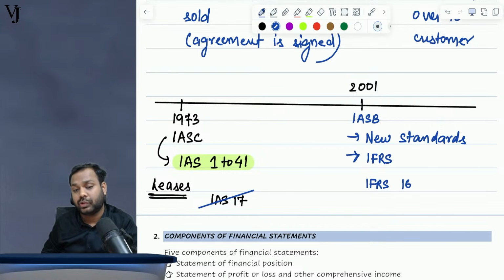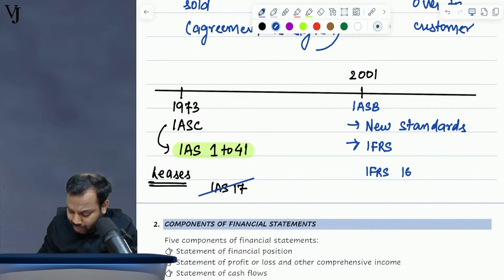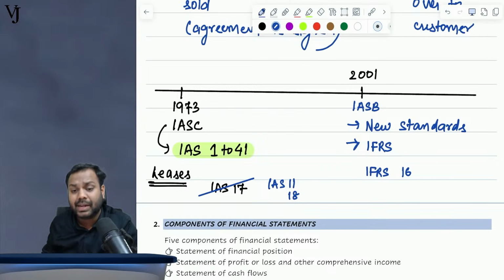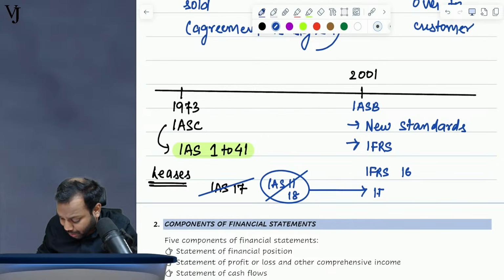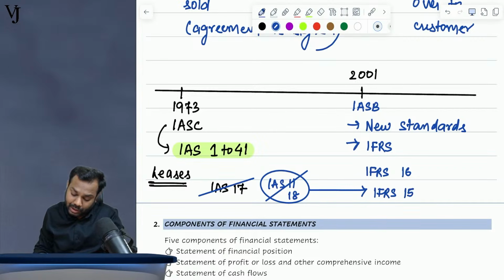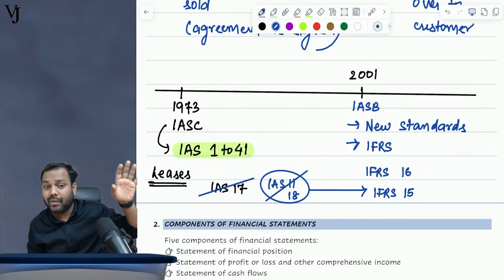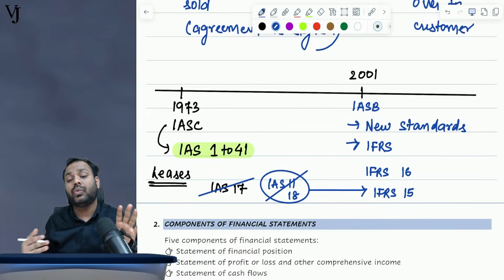For revenue recognition, earlier there used to be IAS 11 and IAS 18 on revenue. Since these standards were not able to cater to the current economic scenario, they were cancelled and a new standard, IFRS 15, was issued. So the earlier IAS start to get cancelled one by one and we issue new IFRS.